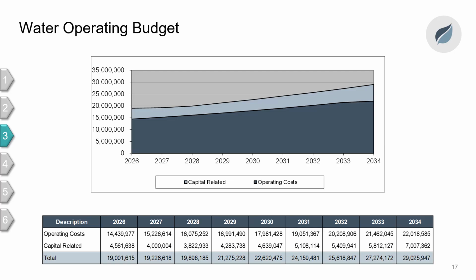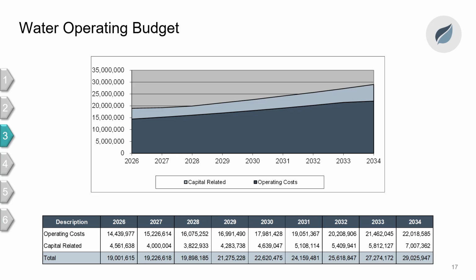And so what we can see here in this graph is the operating costs and the capital-related operating costs, which is really any transfers from the rates to the bank accounts to pay for the capital needs, and any expenditures on debt that are related to capital.